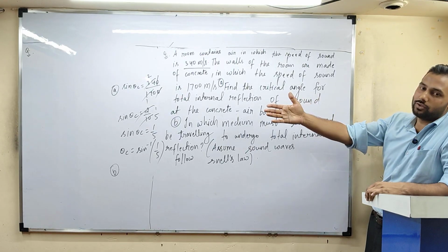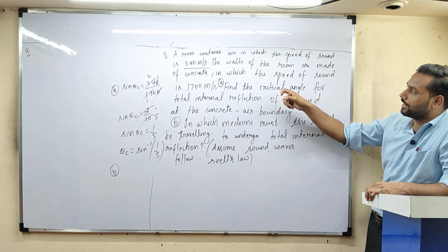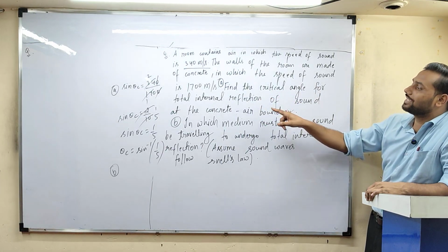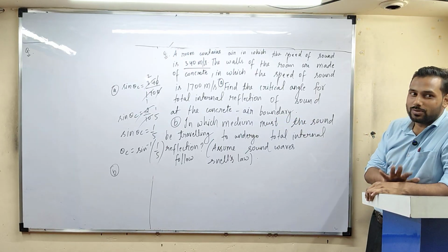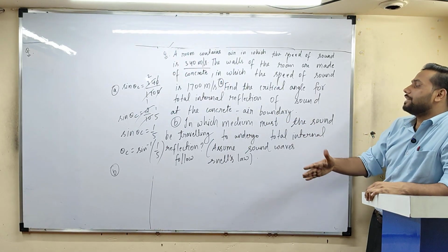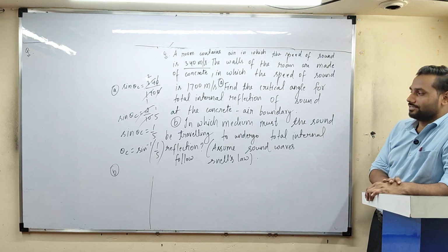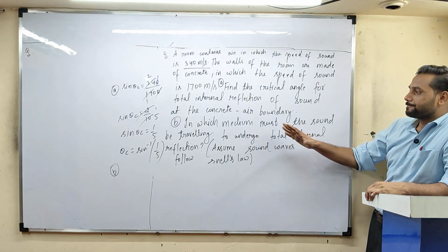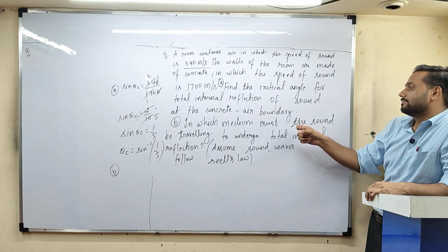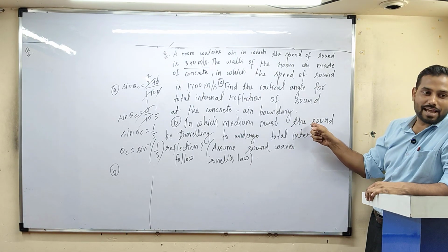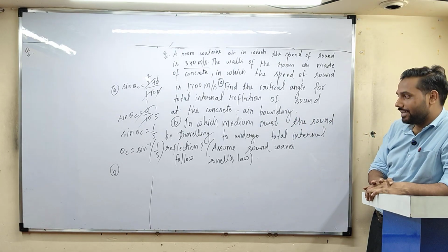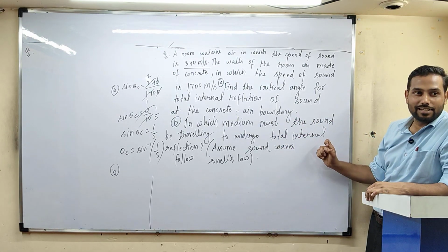Find the critical angle for total internal reflection of sound at the concrete air boundary. In which medium must the sound be traveling to undergo total internal reflection?